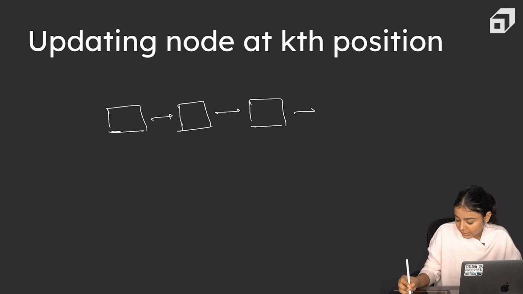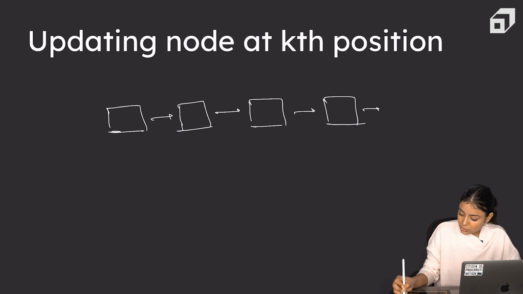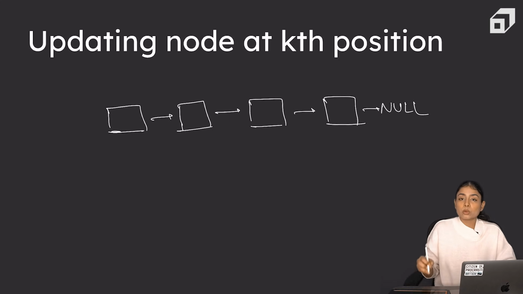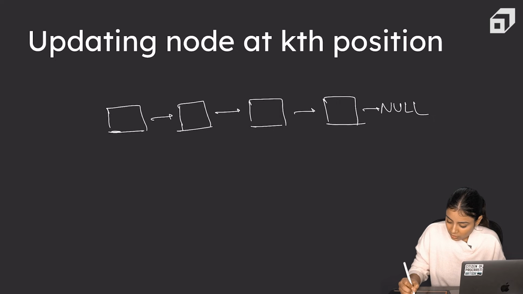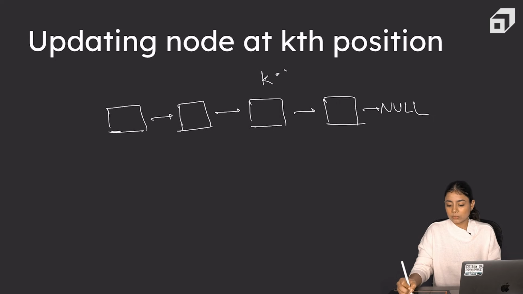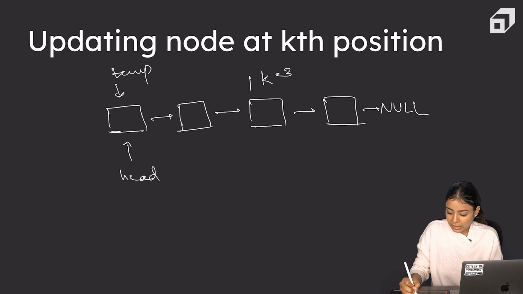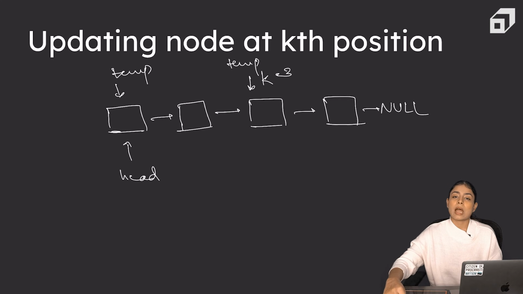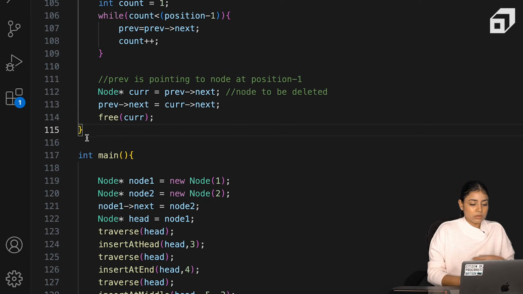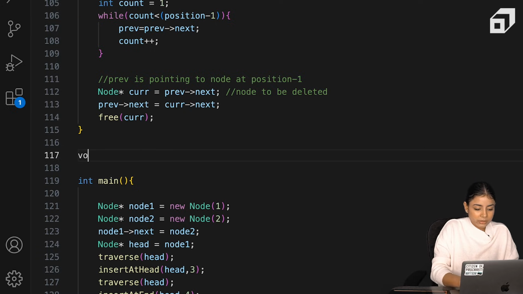If I have a linked list and some position k, for example k is equal to 3, and I want to update the value at this position, I can just use a temp pointer starting at my head, keep moving it till I reach k position, and at that position I can update the value. So this should be easy, right? Let's just implement this quickly.